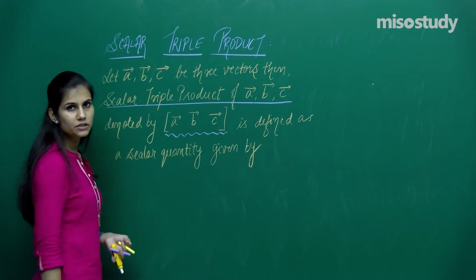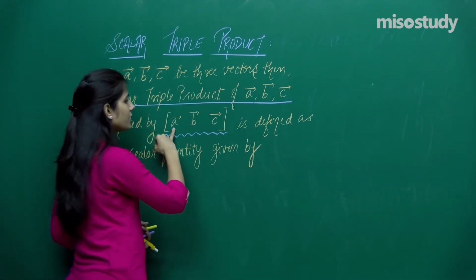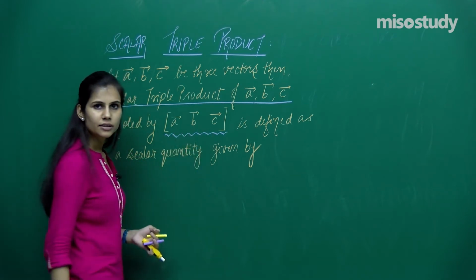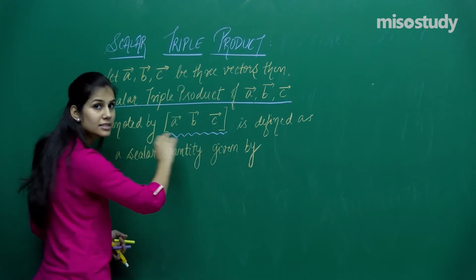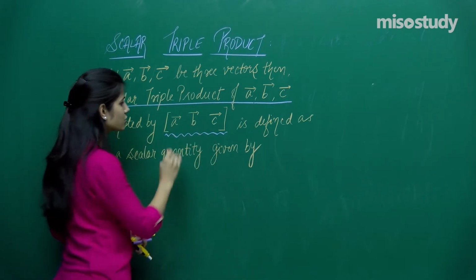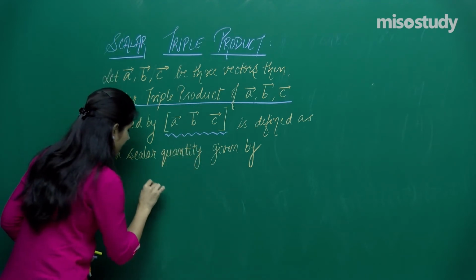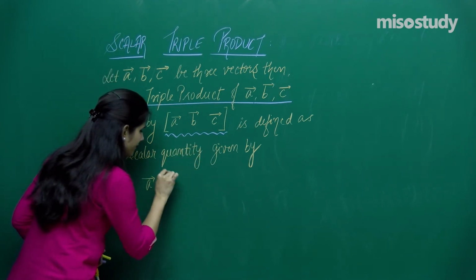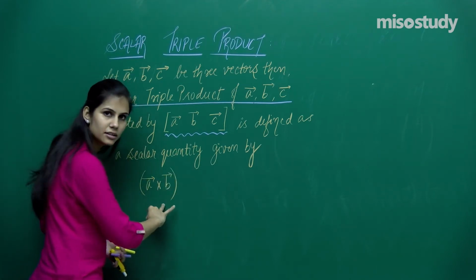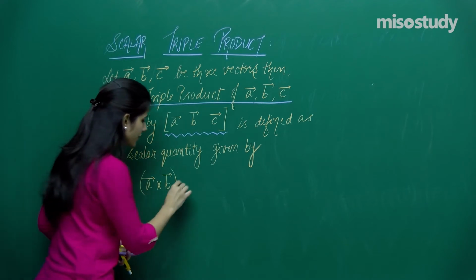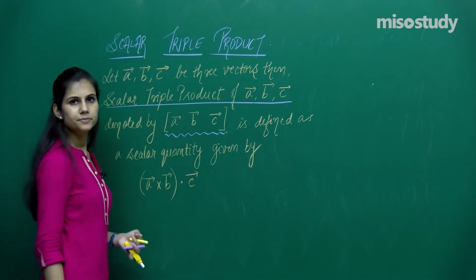We are going to do properties of scalar triple product where this is going to make complete sense to you. Right now A is the first, B is the second and C is the third vector. So scalar triple product of these 3 vectors in this order only is given by A vector cross B vector, which is a vector, since cross product of 2 vectors is a vector, dot C vector.